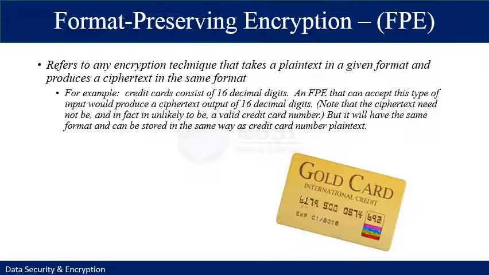So if we apply a format preserving encryption that can accept this type of input, it would produce a ciphertext output of 16 decimal digits. Note that the ciphertext need not be, and in fact is unlikely to be, a valid credit card number. That means this number can be invalid, but it will have the same format and can be stored in the same way as the credit card number plain text.